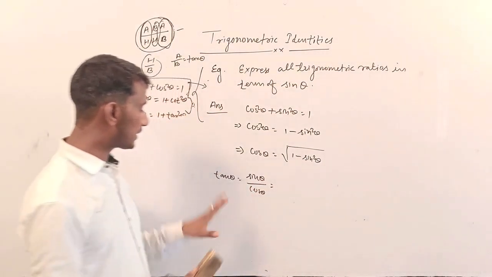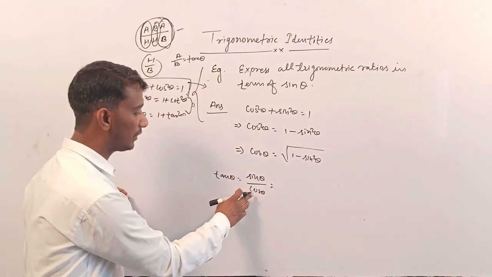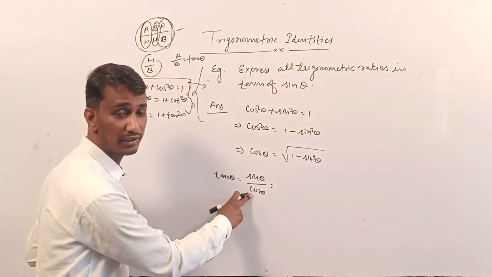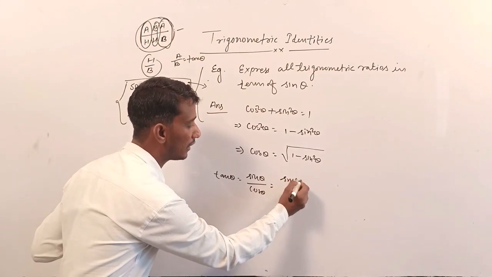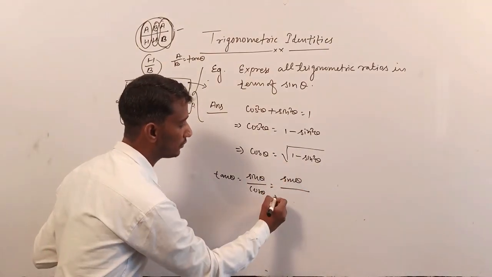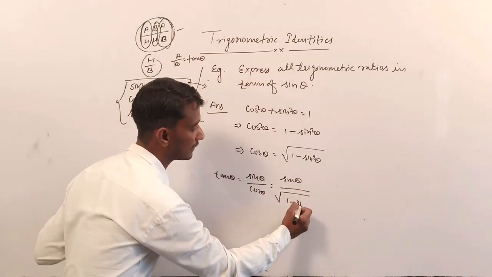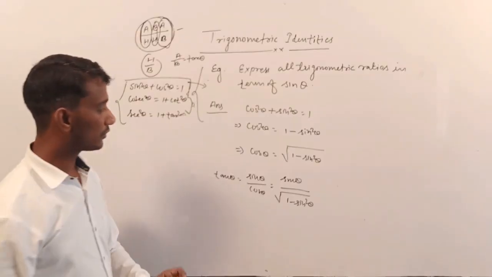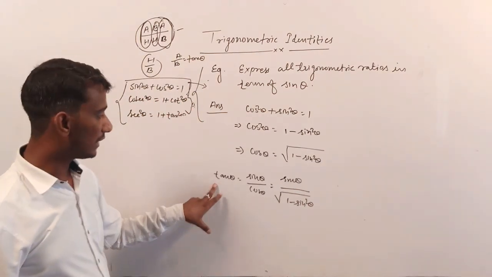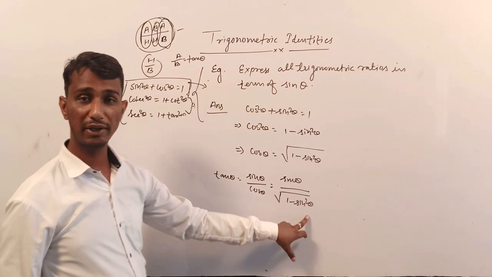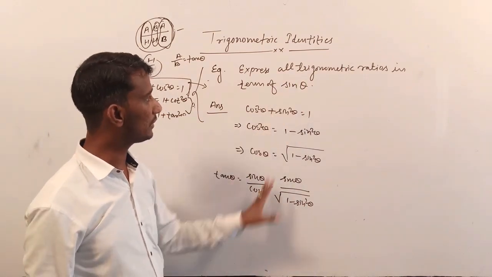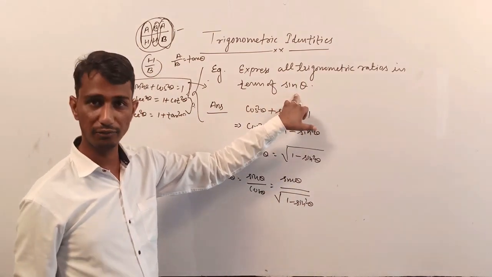We want to represent tan in sine, so we put the value of cos here. Sin theta upon under root 1 minus sin square theta. So easily we can represent tan is equal to sin theta upon under root 1 minus sin square theta. This trigonometric ratio we can easily write in sin form.